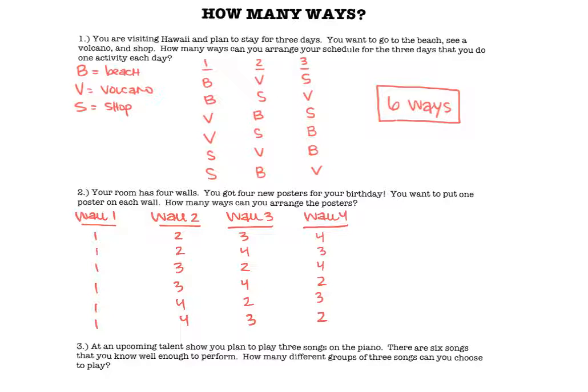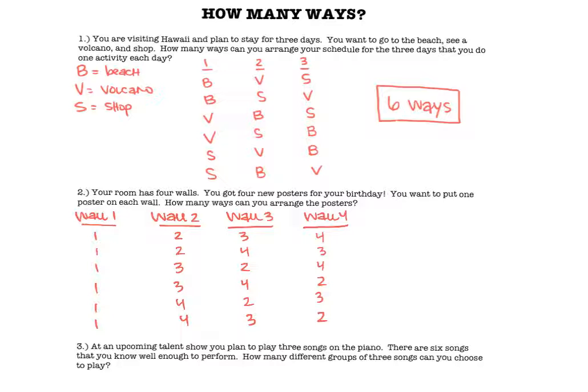Notice how I've been organized in my list making. So now I might move on and put poster 2 on wall 1. Now, you will likely need a little more space than I have given you here. And so you're welcome to just add a sheet on to this document to work on your work and attach that to it. The other thing is you might start finding patterns.